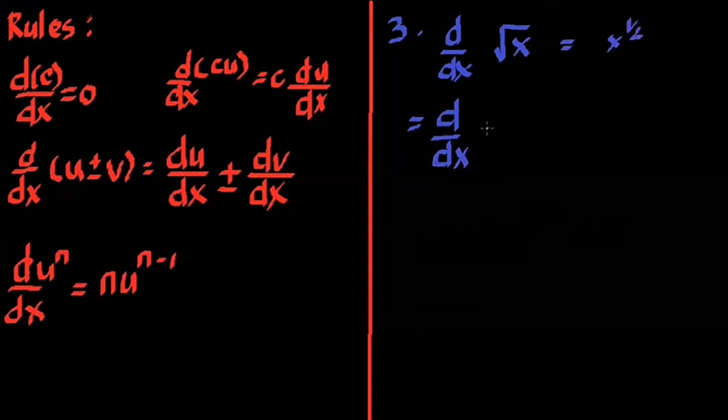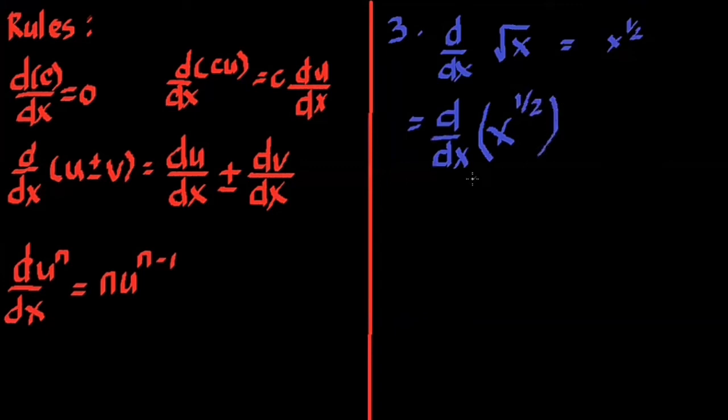So we rewrite it as an exponent, so that would be the derivative of x exponent 1/2 now. Then again, we could apply our power rule, wherein we copy its exponent in front, so that would be 1/2. Then copy its base, which is x. Then its exponent deducted by 1. So that would be 1/2 minus 1.